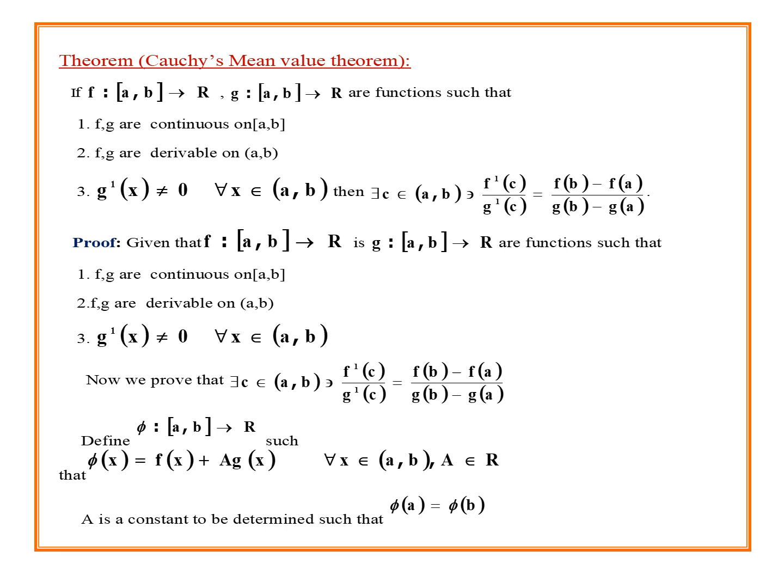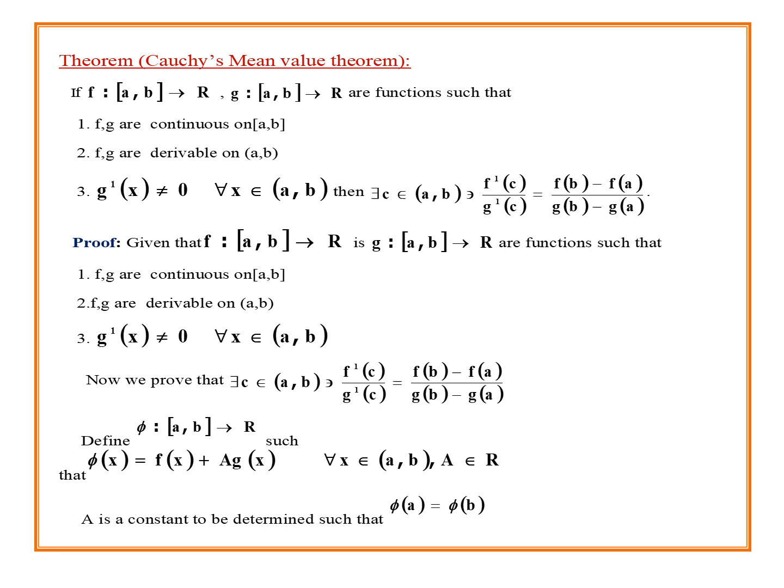Proof. Given that f is a mapping from the closed interval a comma b to R and g is a mapping from the closed interval a comma b to R are two functions such that f comma g are continuous on the closed interval a comma b as well as derivable on the open interval a comma b.